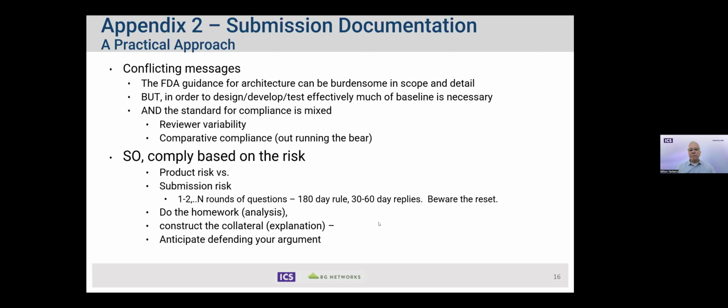And even if you do have the capacity, there is the 180-day rule, at the end of which the FDA, if they don't have their questions answered, is likely to reject the application. So with replies taking 30 to 60 days, and the possibility in those replies to have new information, you should be aware of the reset on the 180 days that can happen. If the FDA has open questions, or feels they've been given new information, they can reset the 180 days. So instead of a 6-month turnaround, you're talking about a 12-month turnaround.